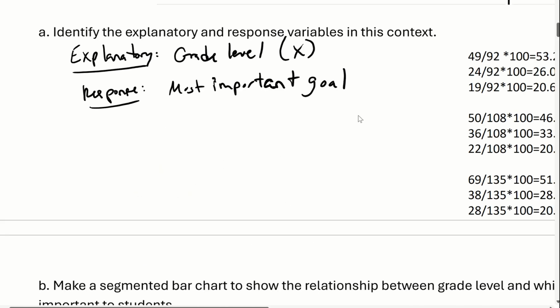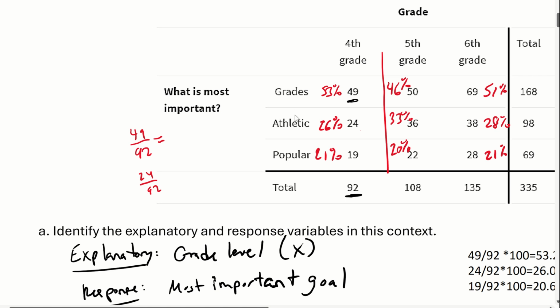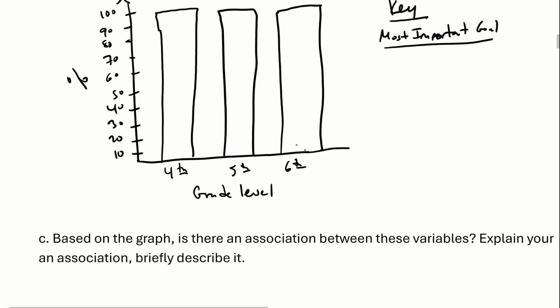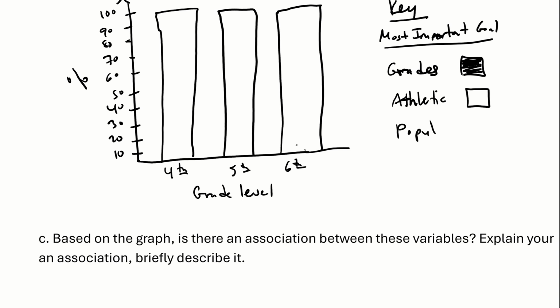So they chose grades. It was either grades, athletic, or popular. So for grades, let's just shade it. Athletic, let's just make it blank. And then popular, let's do that polka dot.